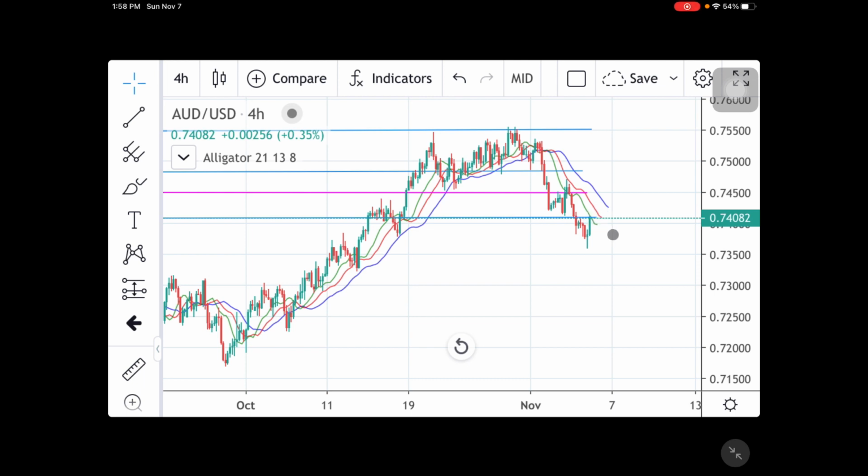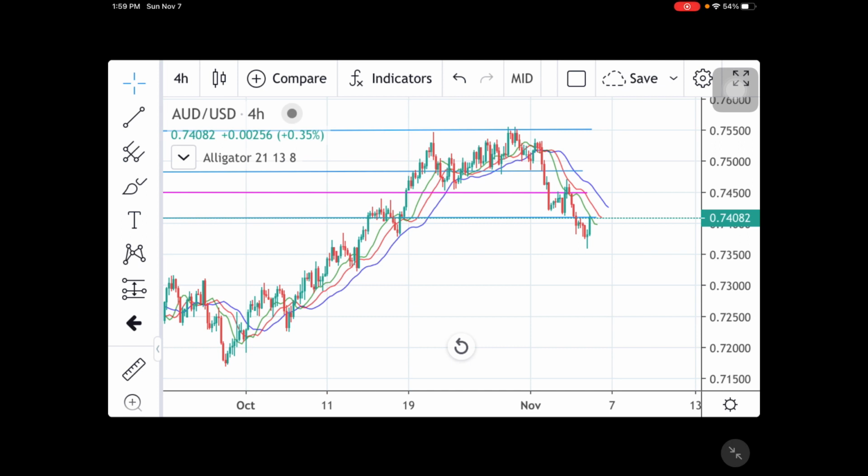Considering the Feds came out, the Federal Reserve, Jay Powell came out a few days ago with their stance on interest rates and how they're going to start their tapering this month, and that clearly put some selling pressure on the AUD USD and some buying momentum for the dollar.